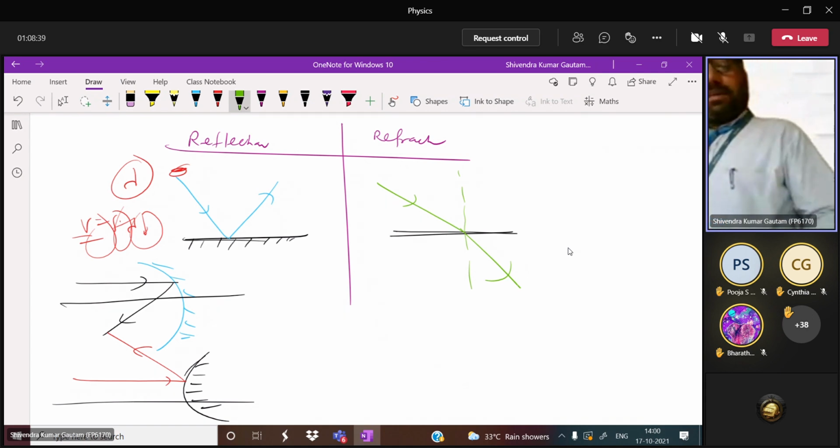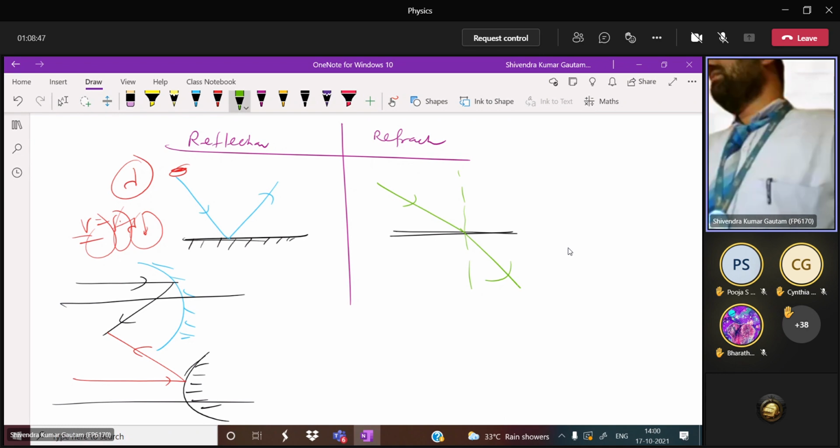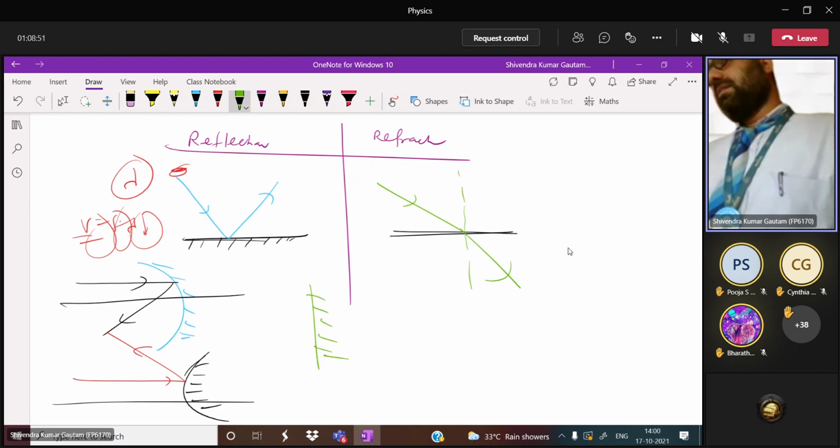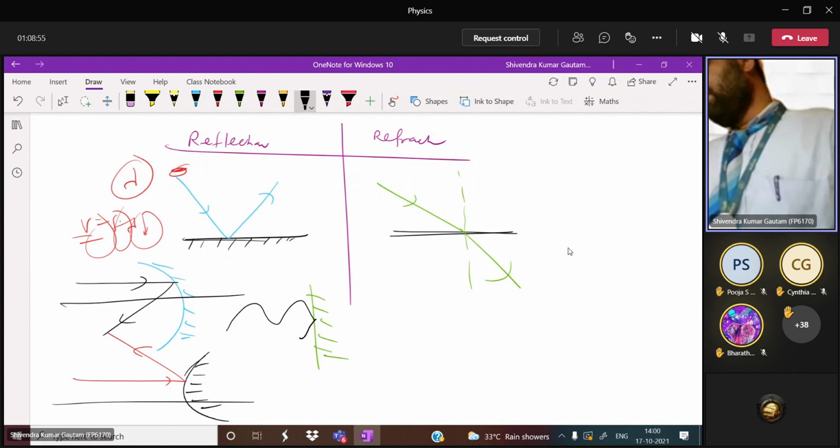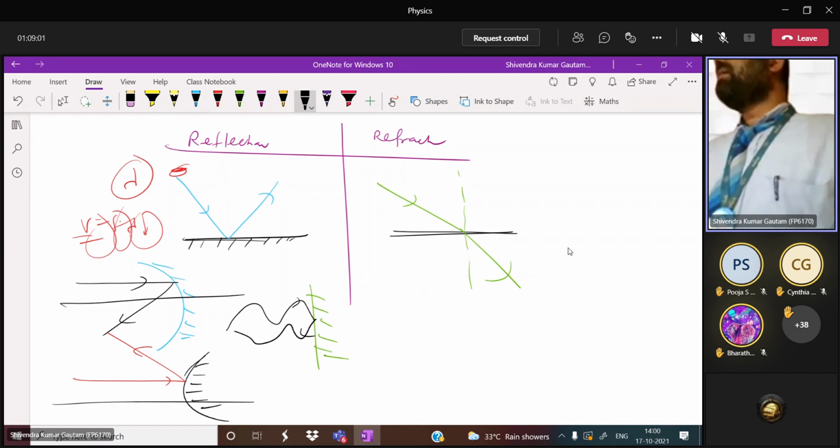Also, in reflection the phase changes. You people studied this in 11th class. The phase changes by 180 degrees. In waves you have studied, if you remember, this is a rigid support, and if a wave is incident like this, then the wave will return like this, or not? Phase changes by how much? 180 degrees, from a denser medium, from a rigid support.